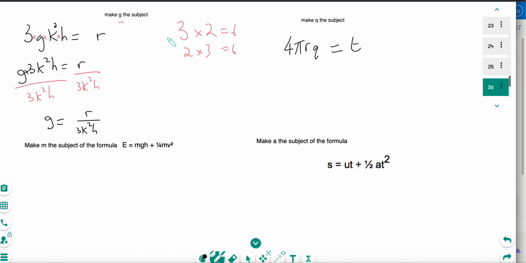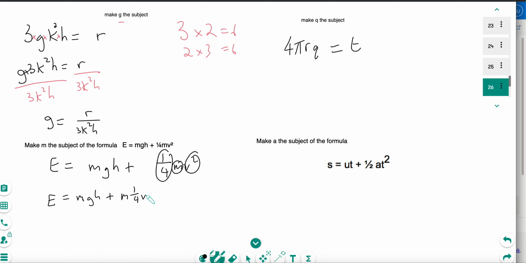A lot of people would start like this. They'd say, okay, E is equal to mgh plus 1/4 mv squared. A quarter is being multiplied by m, which is being multiplied by v squared. We can rearrange it so m's in front, because when you're multiplying, order doesn't matter. So mgh plus m 1/4 v squared.